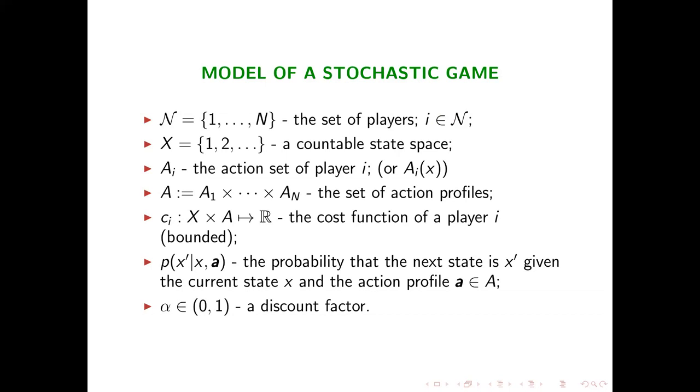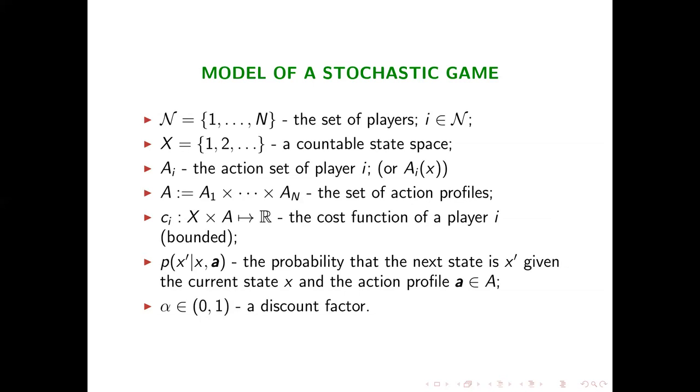And each player has its own cost function. I will speak here about costs instead of payoffs or rewards, so each player has its own cost function, c_i, that depends on the current state and the action profile chosen by the players. And the cost function is bounded for each player.